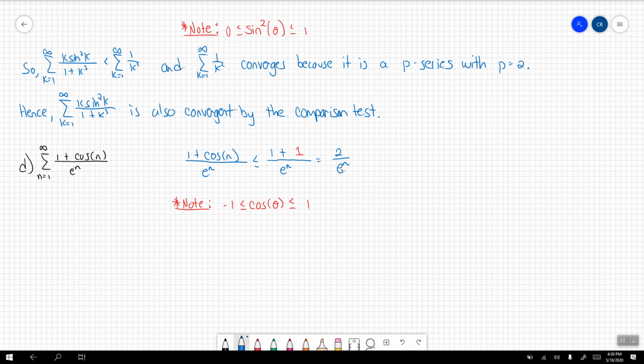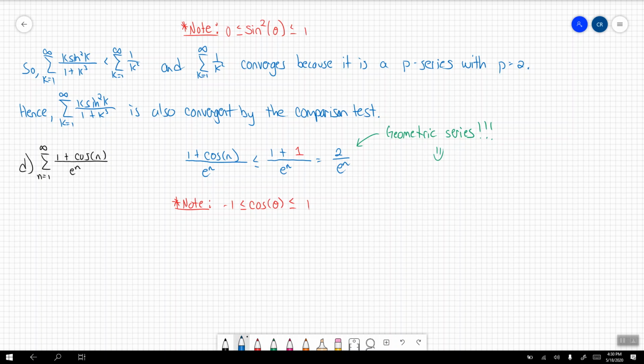Now, what kind of series is this? Well, this in here is our old friend geometric series. Again, because the variable is in the exponent. Yay!